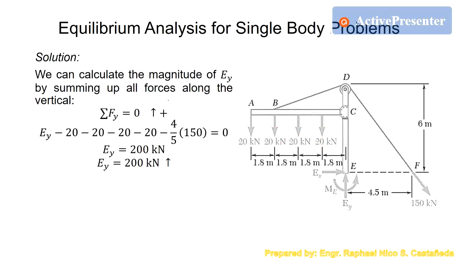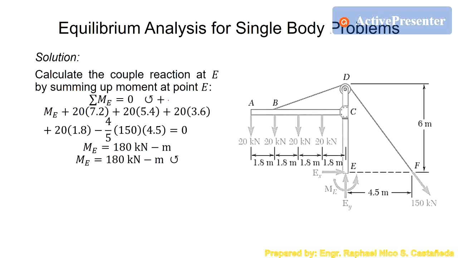The last one is the moment at E, or the couple reaction at E. So moment at E equals 0, counterclockwise positive. So let's start first with the moment at E, which we assume already is counterclockwise. So that is positive. Then we have all the forces here, these 4 forces are counterclockwise about E. So we will use a positive value for all the 4 forces.